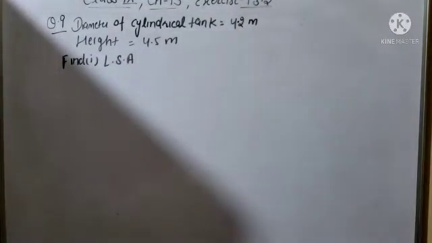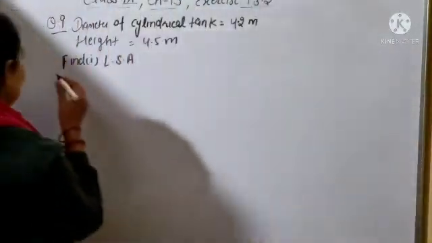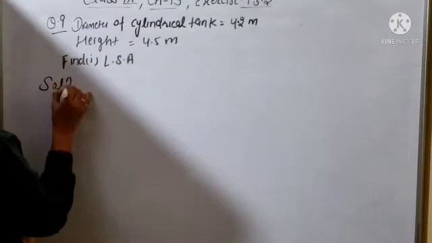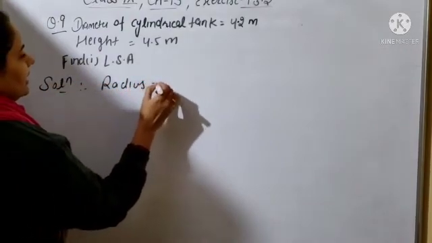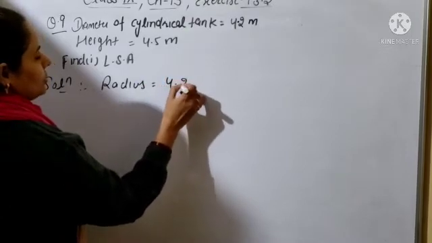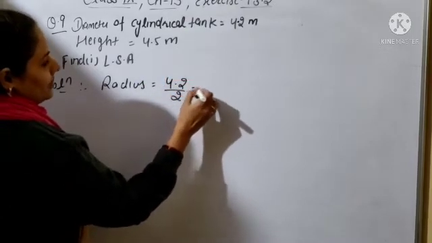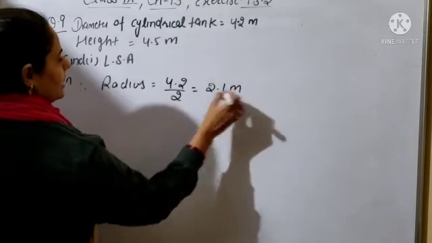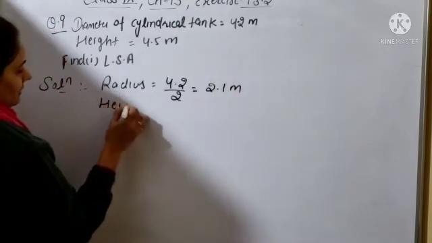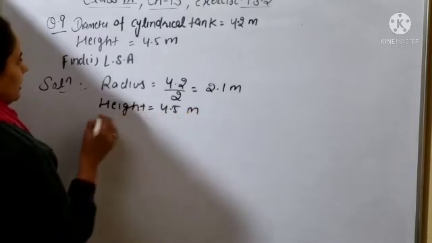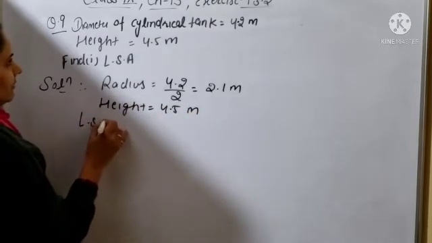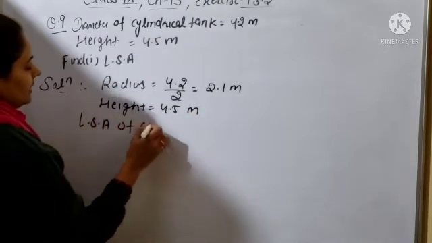So first find the radius. So write down radius of cylindrical tank will be 4.2 upon 2, diameter by 2. So 2.1 meter. And height is 4.5 meter. Clear?